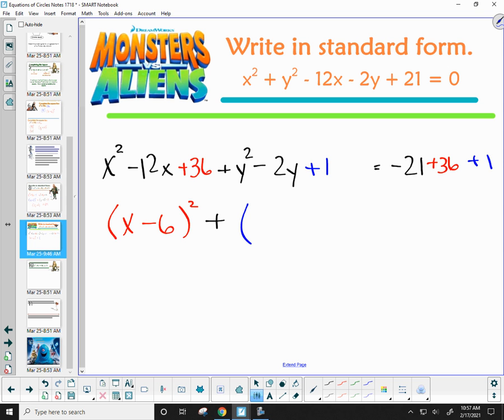So what value did we square? Negative 1. It's going to be y minus 1, that quantity squared. Equals, if I clean up the right-hand side, I'm going to have 16.